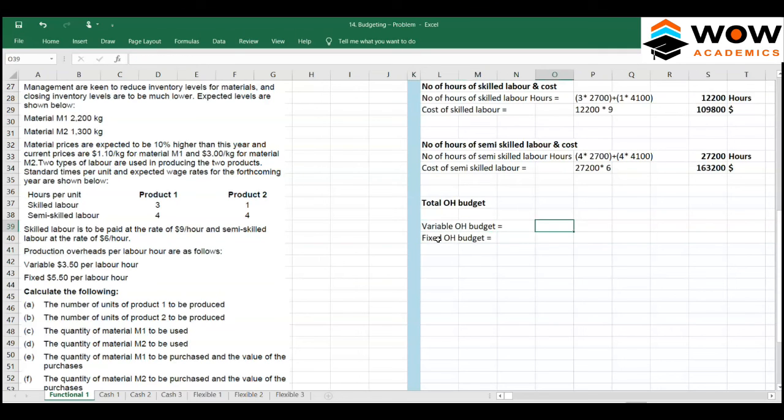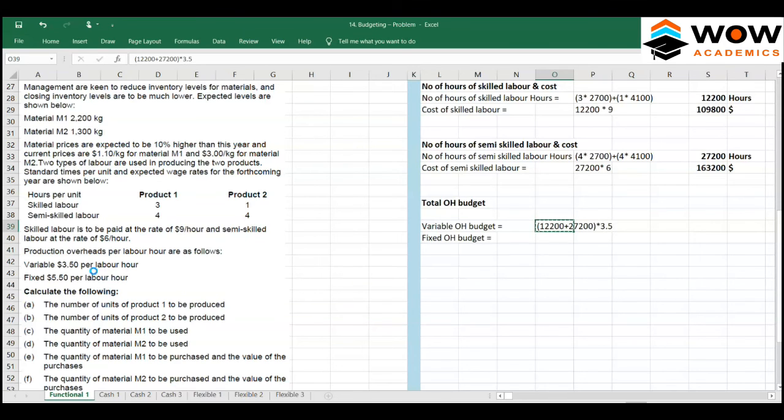Okay, so how do we calculate? See, this is calculated on both the skilled and the semi-skilled labor hours. So skilled labor is 12,200 hours plus semi-skilled is 27,200 hours. The rate for variable is 3.5.